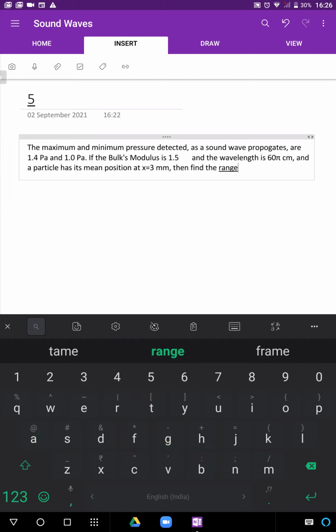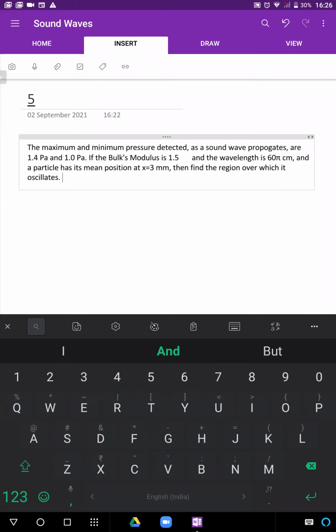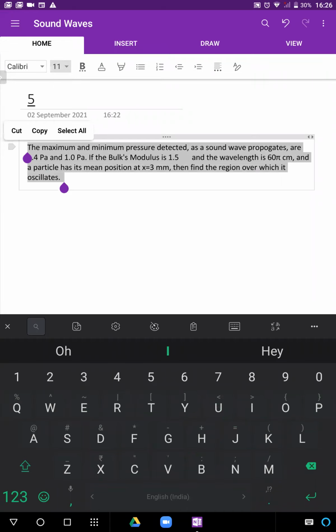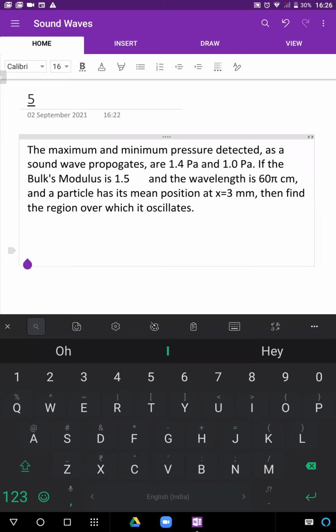Then find the region over which it oscillates. Okay, this is your question. Bulk modulus is 1.5 into 10 raised to 3 Pascal.